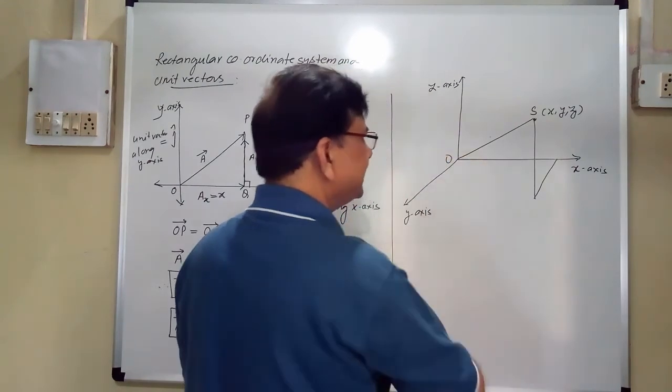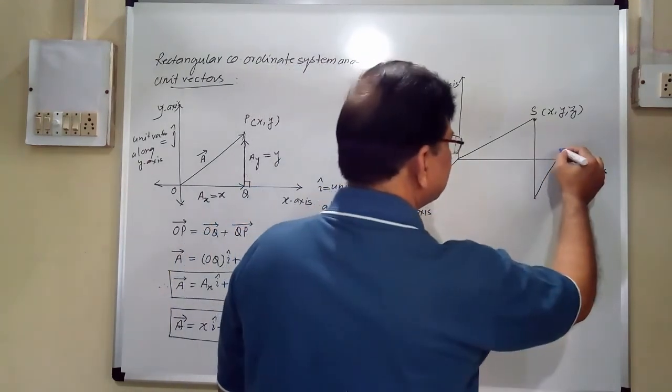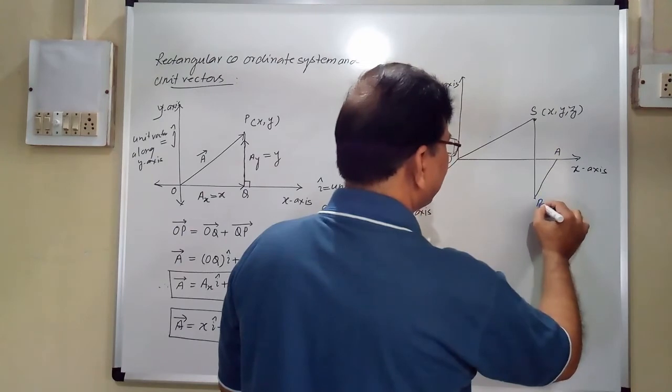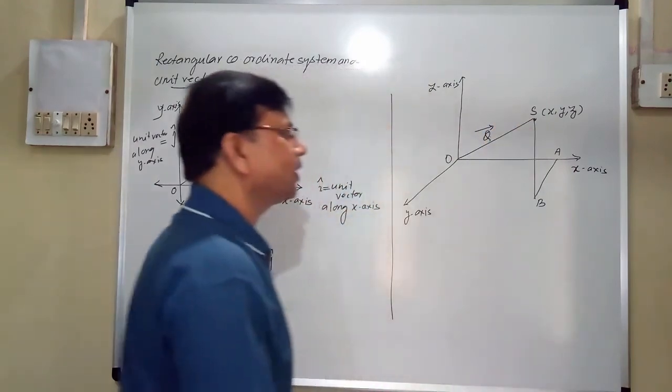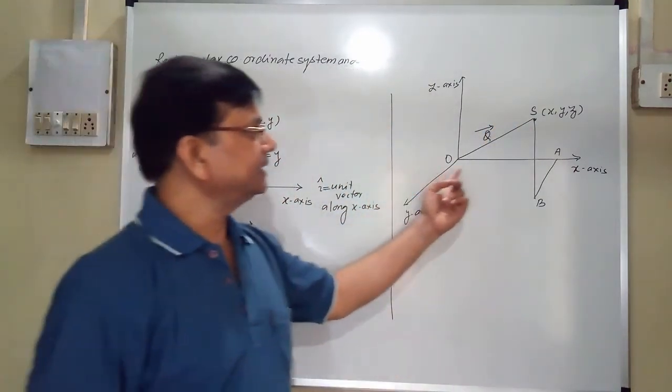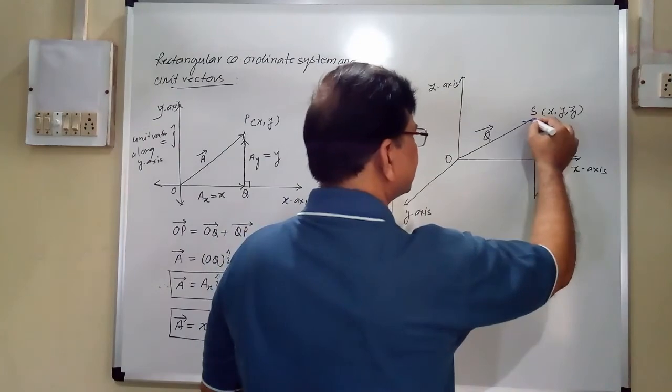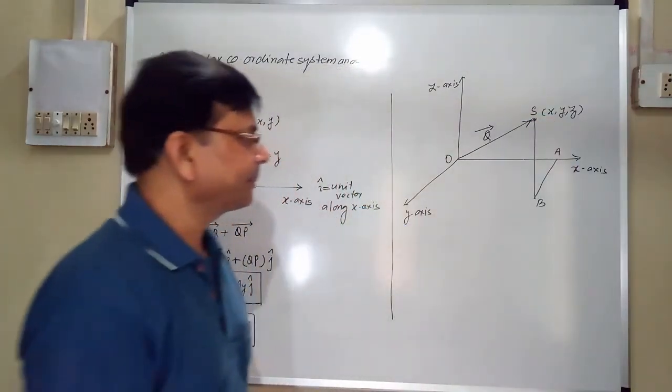Here it is the origin, then A, B, and it is vector Q, suppose, or vector R we can take. This is the position vector of the point S.